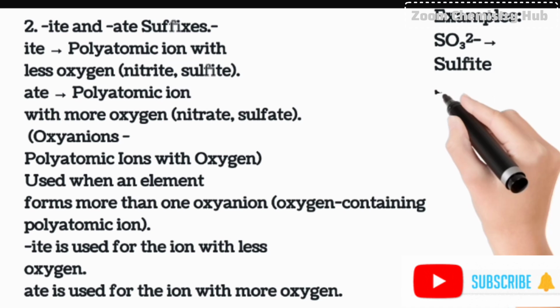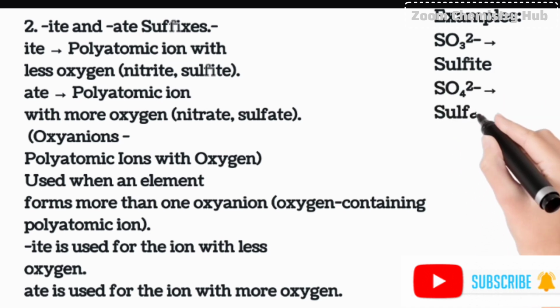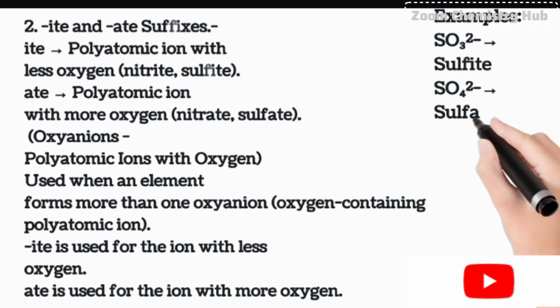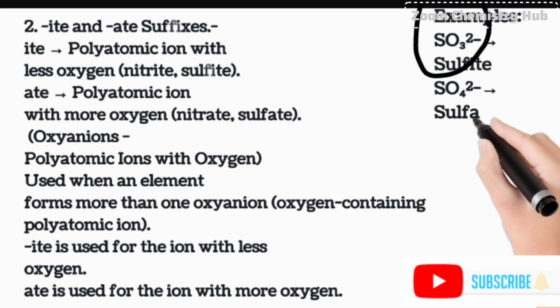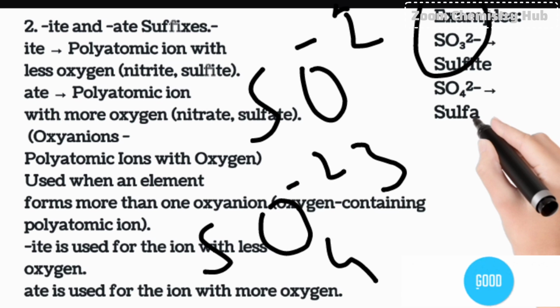First we take the example SO3. SO3 with -2 charge is a sulphite, and SO4 with -2 charge is a sulphate.